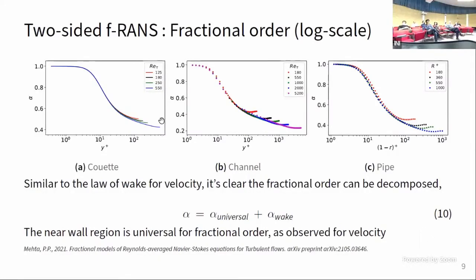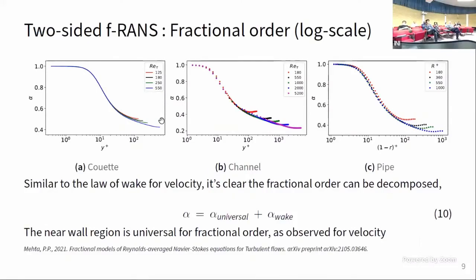Interestingly enough, what I see is that in the viscous sublayer, there is a notion of universality. The buffer region also matches very well, and around the wake region this curve deviates from, let's say, a given reference universal curve.